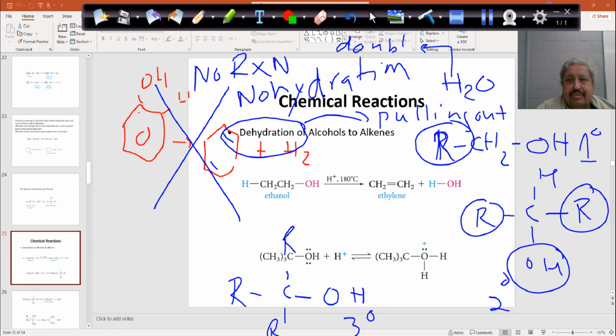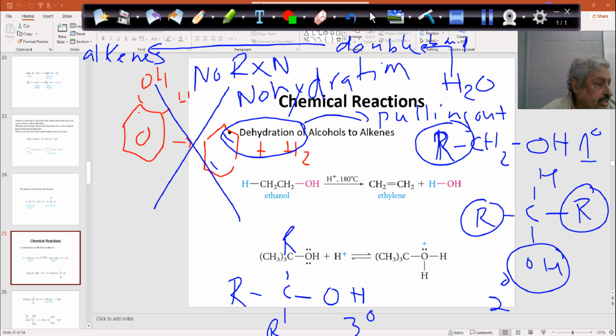You make alkenes out of this. So the dehydration of alcohols, not phenols. Phenols will never go this way. It's just the stability of the benzene ring will not allow this to happen. The small r in the alcohol, whether primary, secondary, or tertiary, will allow this to happen.